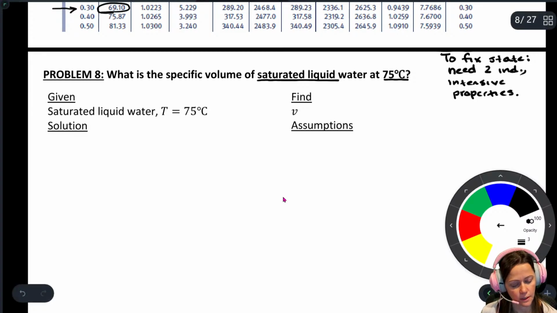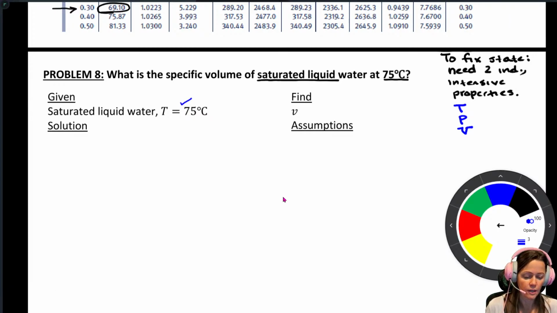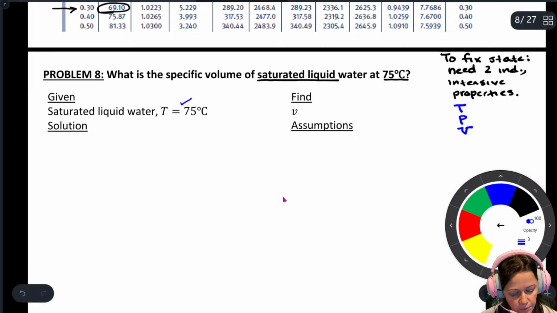And the intensive properties that we know right now are temperature, pressure, and specific volume. And so if you're trying to relate things together, you might say, well, I just know the pressure, or I just know the temperature. There's another one that we're going to talk about, and it's the quality.